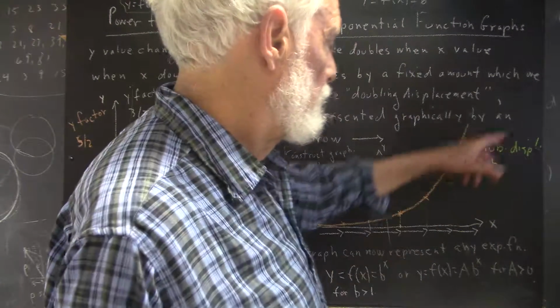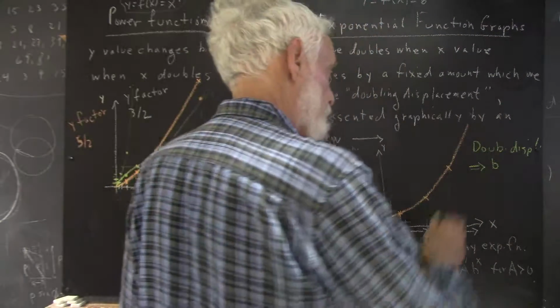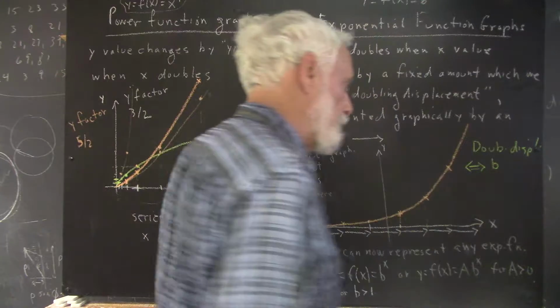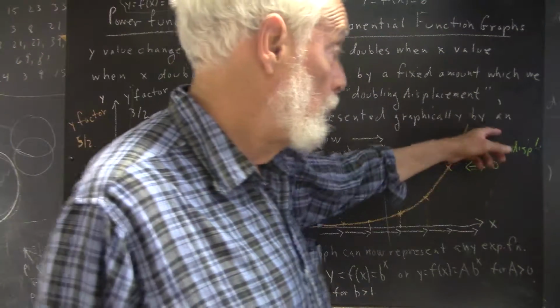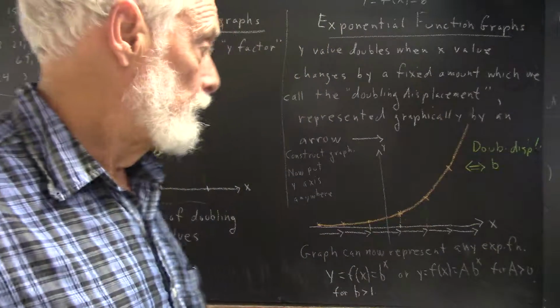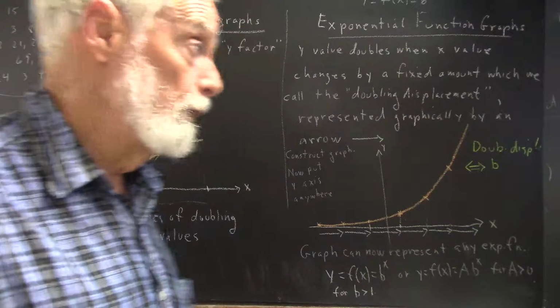The value of the doubling displacement implies the value of b, and vice versa. So if you know one, you can find the other. And there's a simple relationship between the two that we'll look at later.